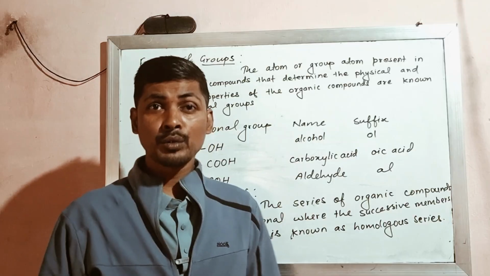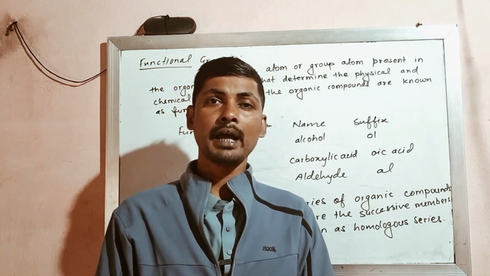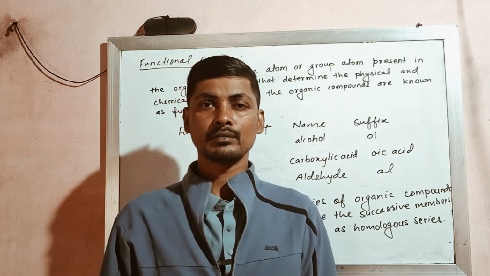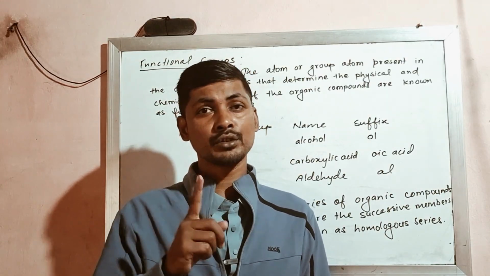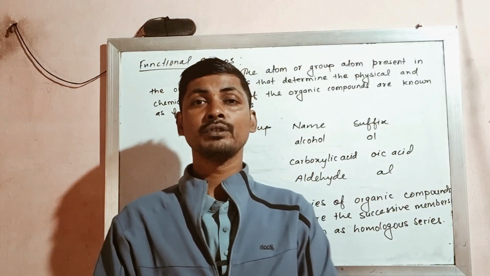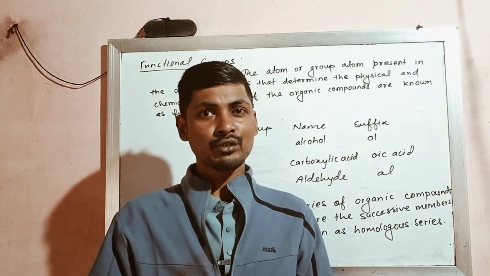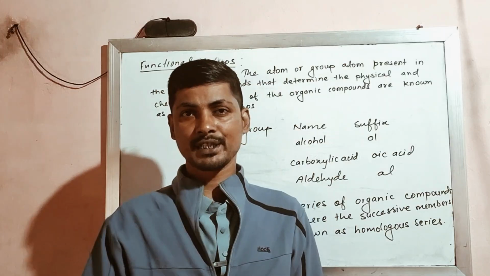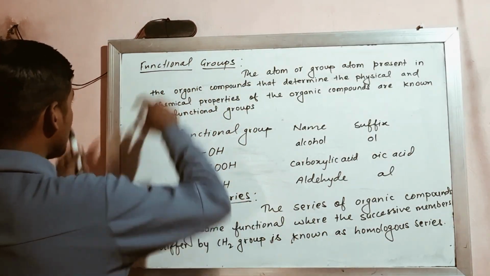If there is a group or series of organic compounds having the same functional group, then such a group or series of organic compounds having the same functional group is known as a homologous series. Let us take an example of homologous series here.